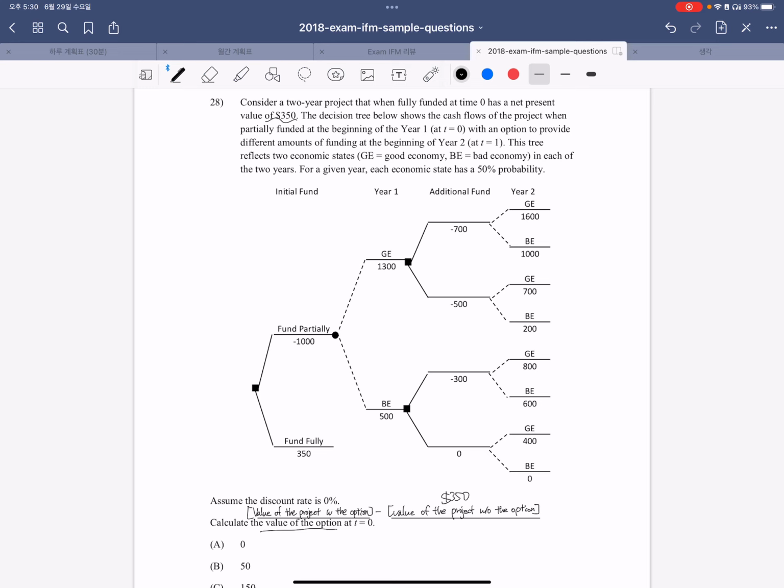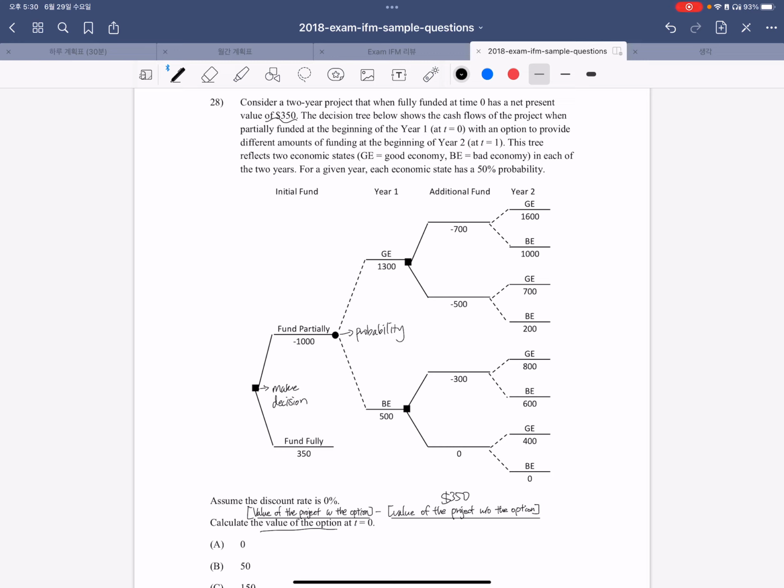And to work with these decision tree problems, this black square means the time where we have to make decisions. And circle means just a probability, so we don't really get to choose.